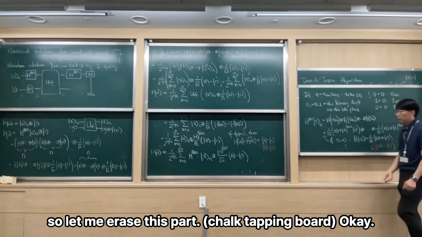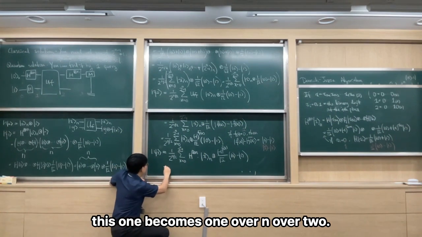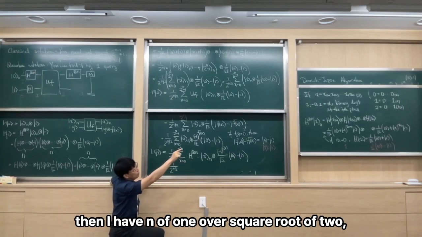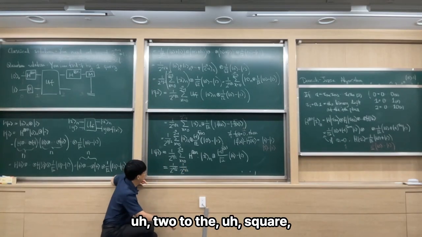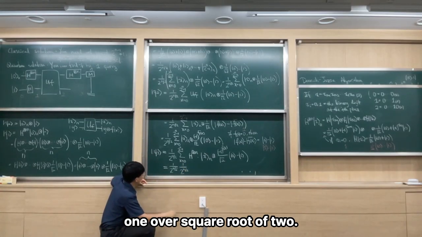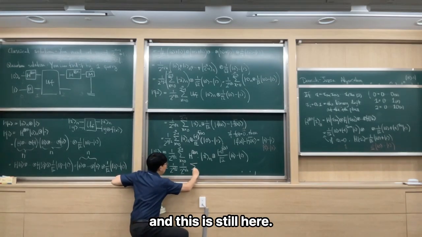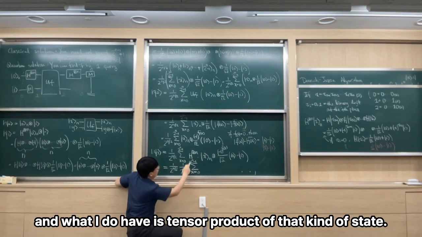Okay. So how can I write this? So this one becomes 1 over 2 to the n over 2. Again, when I apply Hadamard, then I have n factors of 1 over square root of 2, so I get another 2 to the n over 2 that I can take outside. And this is still here, so the summation over x is still here. And what I do have is a tensor product of that kind of state.